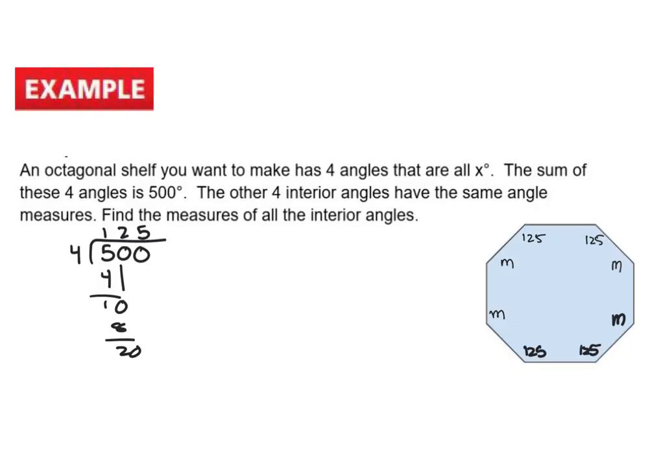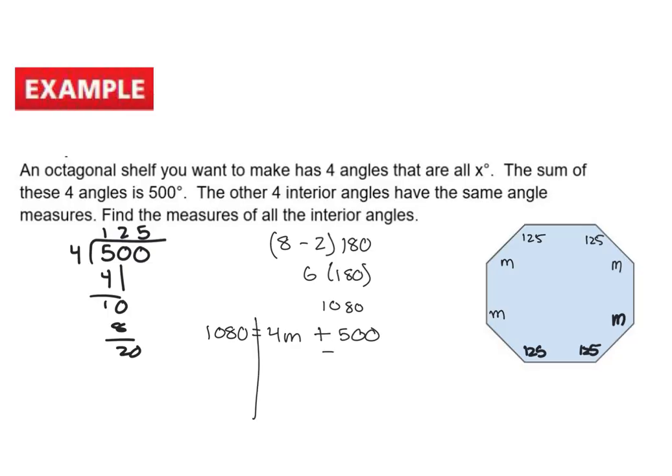Okay, so it's an octagon, so we know it has 8 sides. So 8 minus 2 times 180. 6 times 180 is 1,080. So now we can solve. 1,080 equals 4m plus 500.